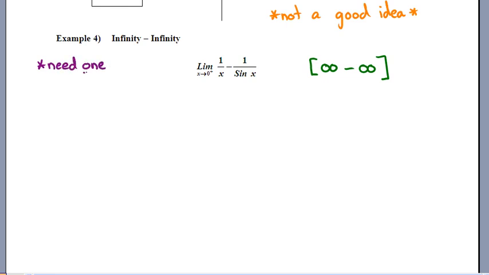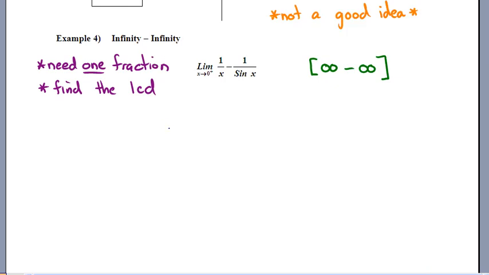We need one fraction, okay, one fraction only, not two, where you have one minus another. So we have to go and get an LCD, that least common denominator, which here would be x multiplied by sine x. If I get everything up to that least common denominator, then things start working fairly well.